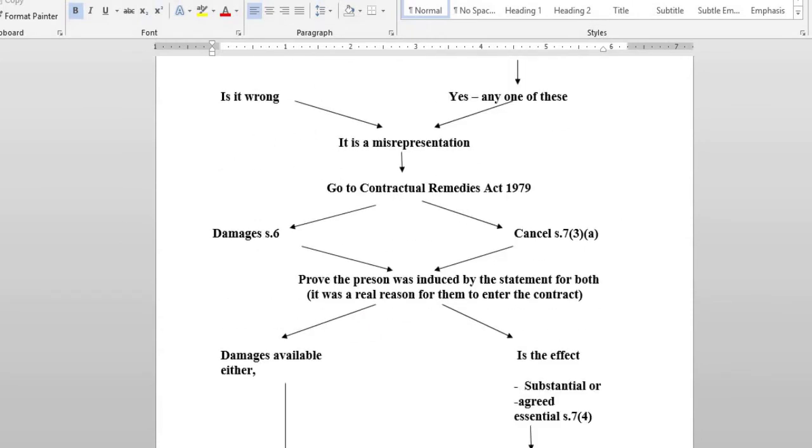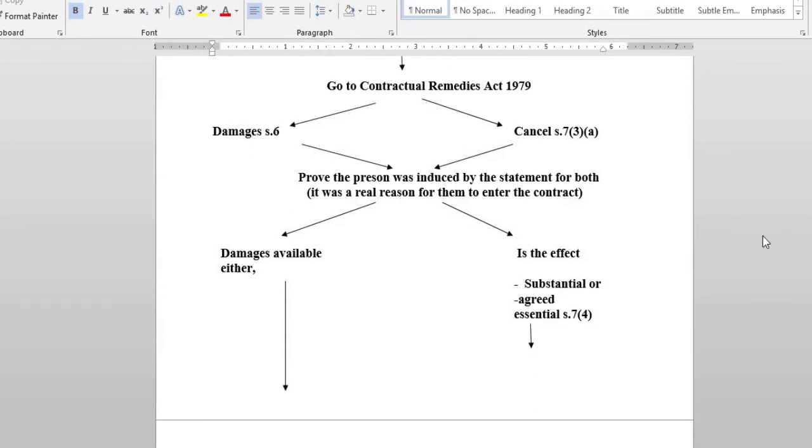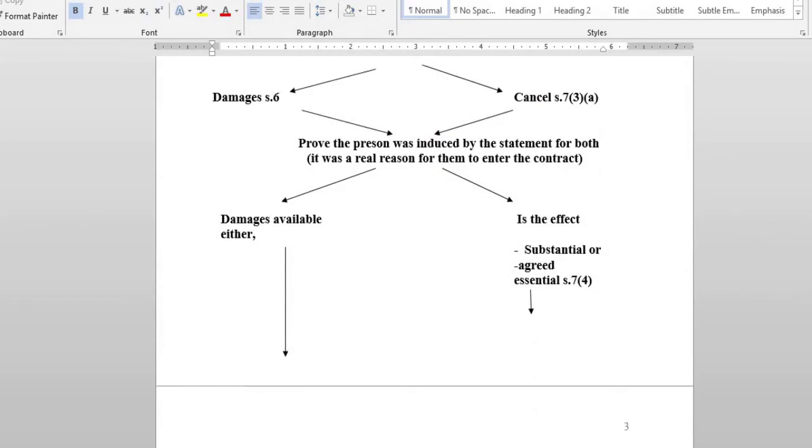After that, you simply go to the Contractual Remedies Act. Damages under Section 6 if the person's induced. Cancellation under 7.3a if the person's induced by the statement. In the case of damages, that's all you have to do, and you go straight through to getting paid according to the court's determination.